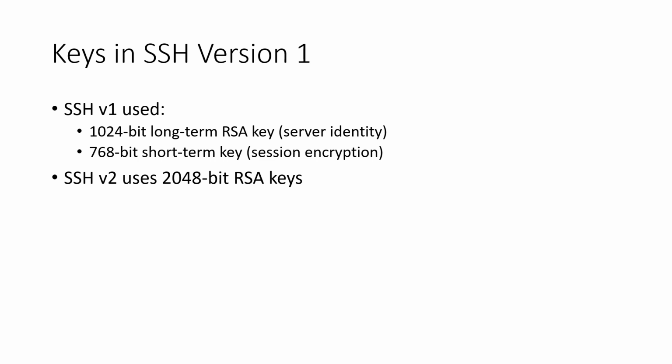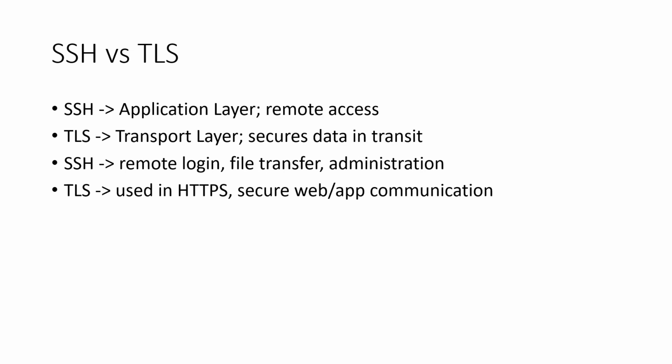Modern SSH implementations use version 2, which standardizes stronger keys, typically 2048-bit RSA, or even better algorithms and improved protocol structure. Now, you could be confused between SSH and TLS as they are both cryptographic protocols designed for secure communication, but they serve different purposes and they operate at different layers of the network stack.